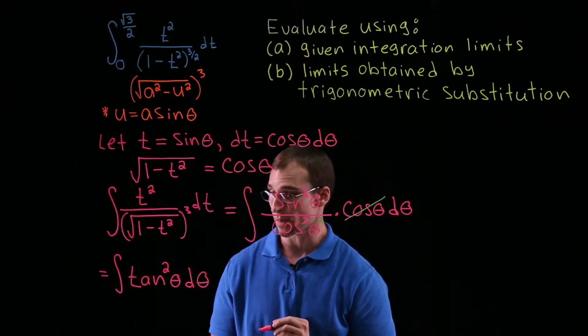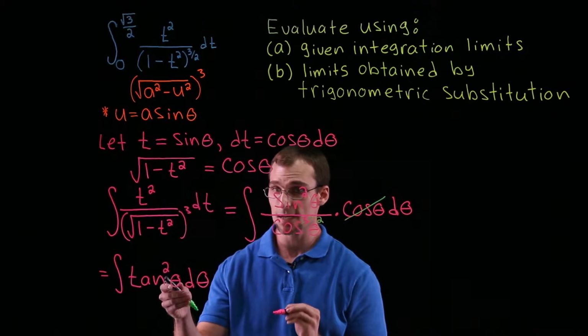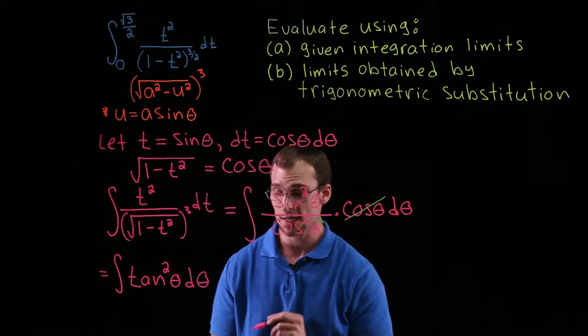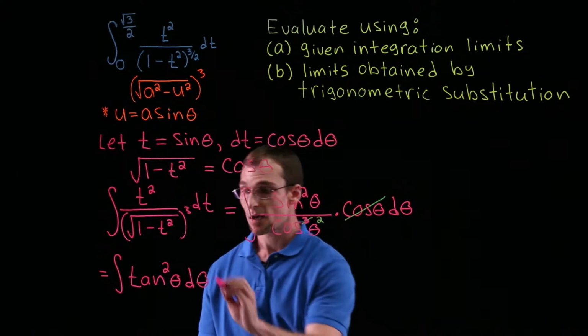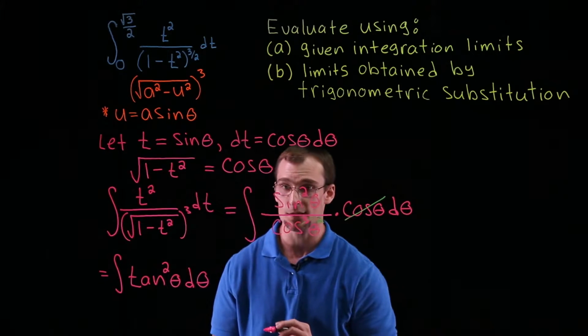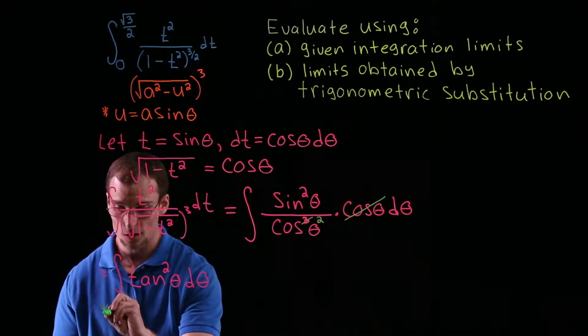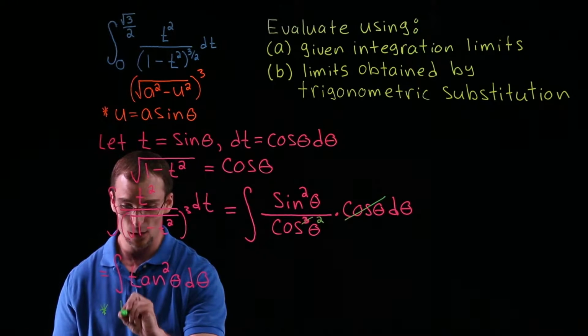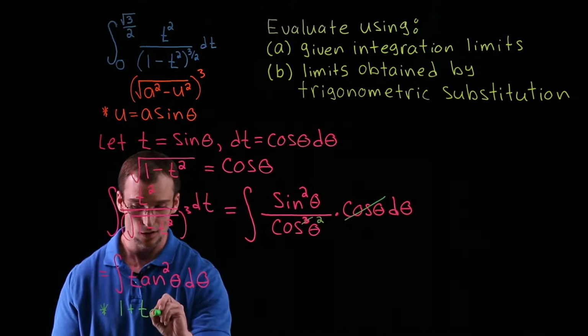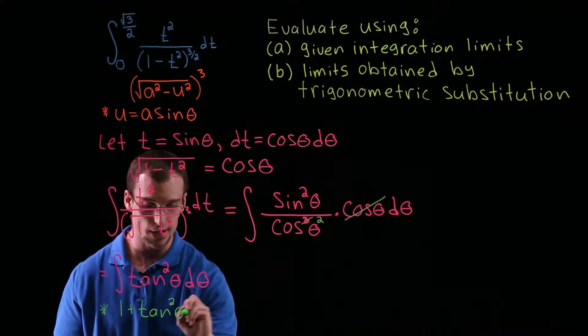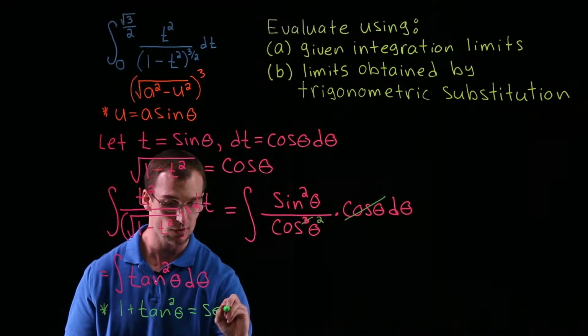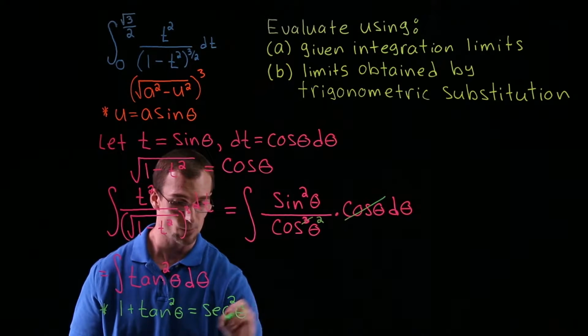Okay, and where do we go from here? Well, we know we can take the antiderivative of just tangent, but not tangent squared. However, in previous sections, we've dealt with something like this, where we can use one of our Pythagorean identities, that 1 plus tangent squared theta equals secant squared theta.